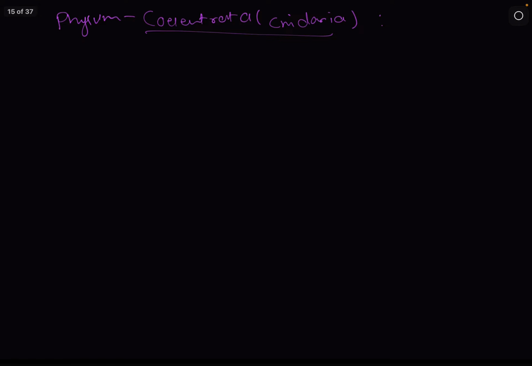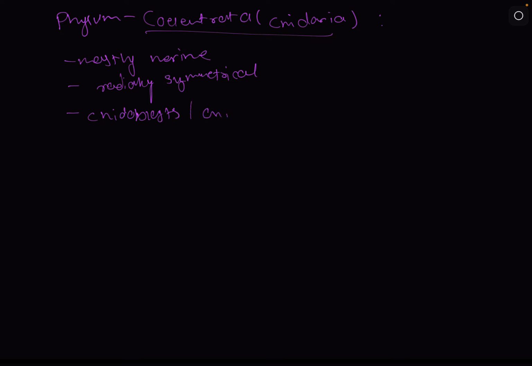So, they are mostly marine and they are radially symmetrical. And they contain cnidoblasts or cnidocytes. This is where the name Cnidaria comes from.